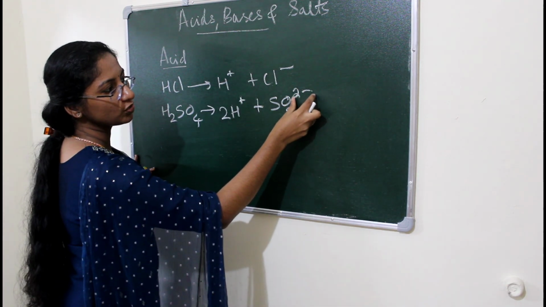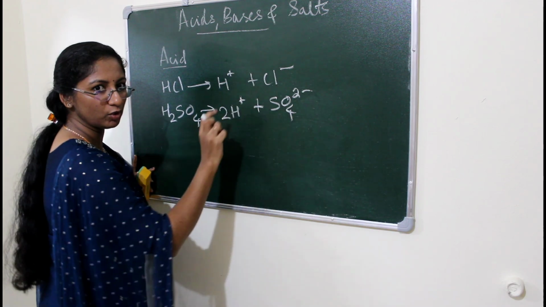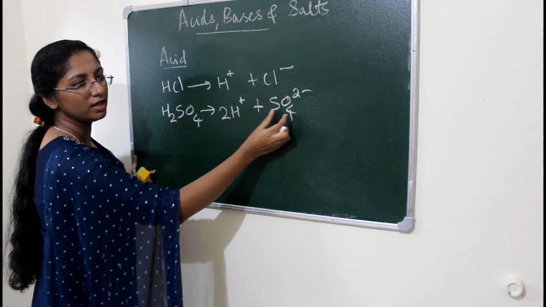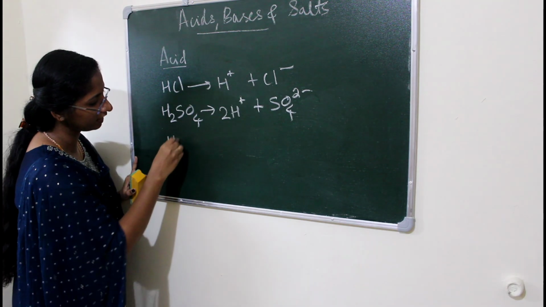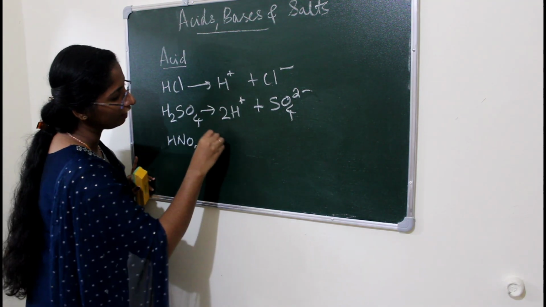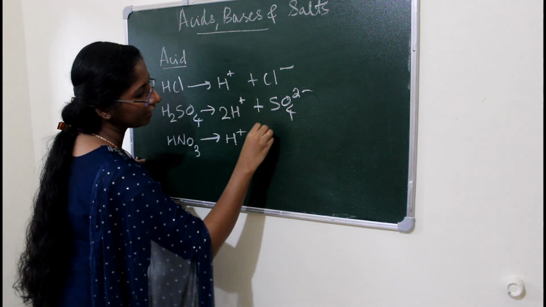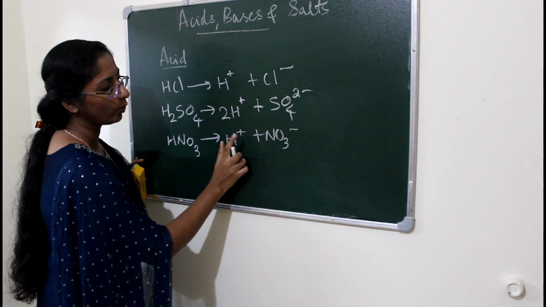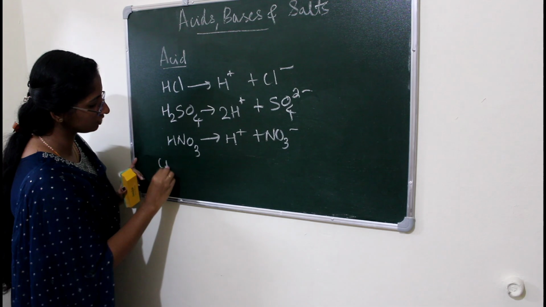To cancel these two negative charges, we are adding one more hydrogen in the cationic part. That's why 2H plus and SO4 2 minus. Similarly HNO3 we will have H plus and NO3 minus. Here we have only one negative charge, so one cationic part.